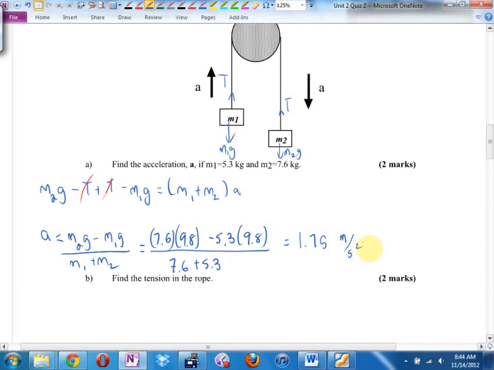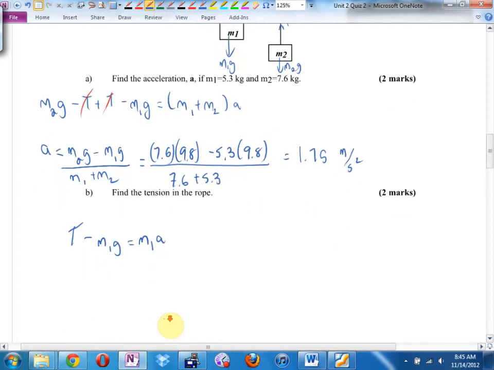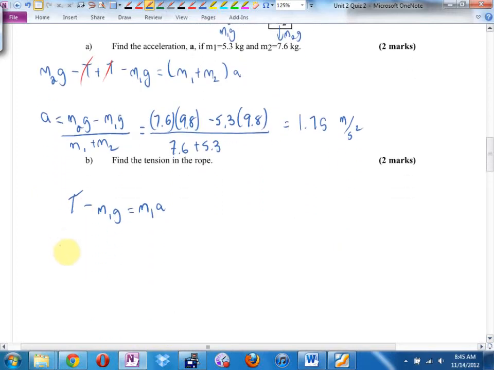Find the tension in the rope. I'll look at just one mass, and I'm going to be clever and pick the mass where tension is winning. So I'm going to look at mass 1. I'll get tension minus m1g equals m1a. I'll get tension equals m1a plus m1g.